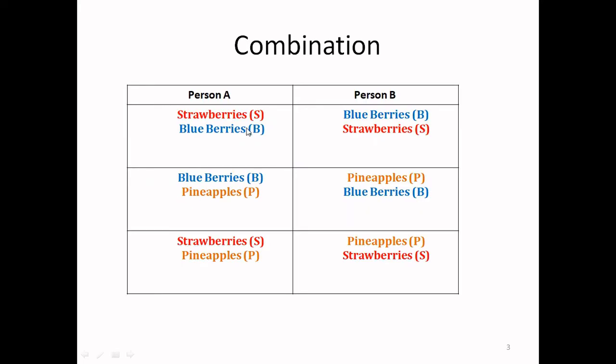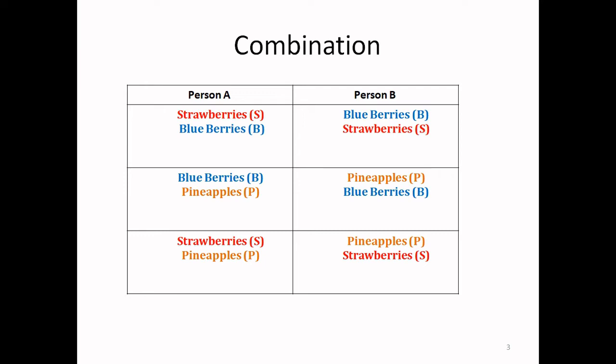Person A decides to make use of strawberries and blueberries, and person B also decides to make use of blueberries and strawberries. If you see, I have made two columns, just to show you that suppose person A first adds strawberries in the bowl and then blueberries, whereas person B adds blueberries first and then strawberries.